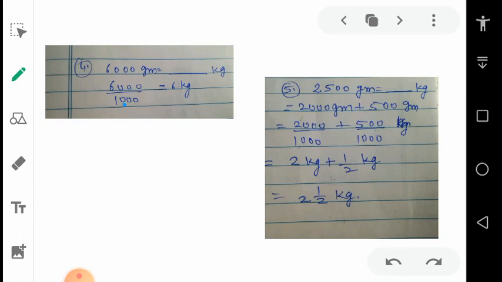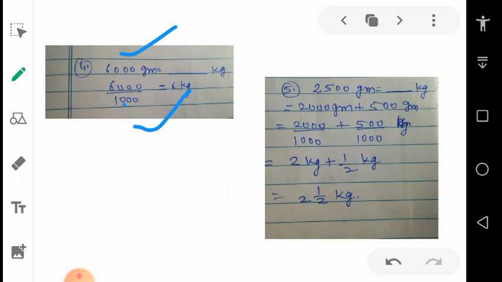Again, gram is converted into kilogram, but sometimes the gram is not a multiple of 1000, as in the fourth question. This one, 6000, is a multiple of 1000, so it is divisible by 1000 and we get 6. All right, but in the second one we have a value of gram that is not a multiple of 1000, as it is 2500 gram.